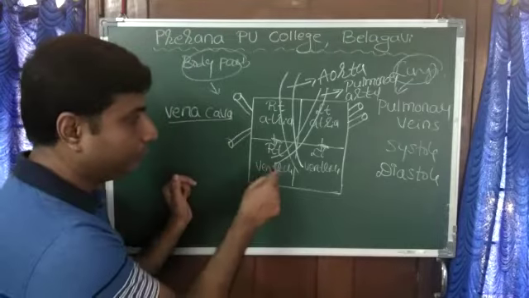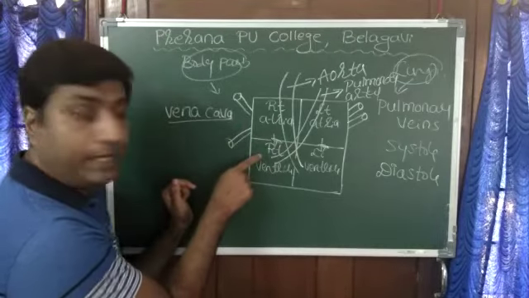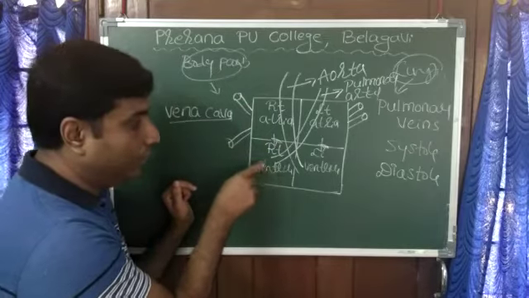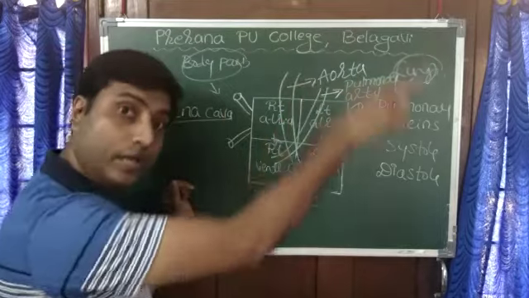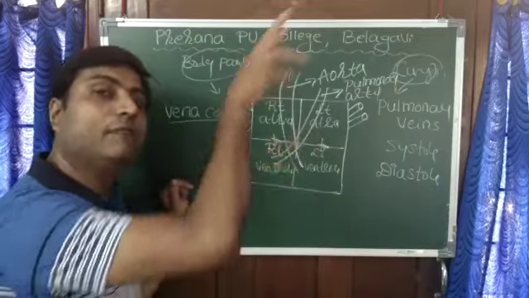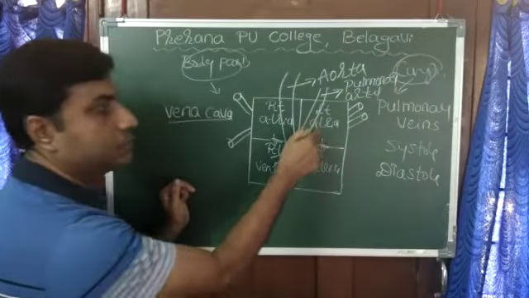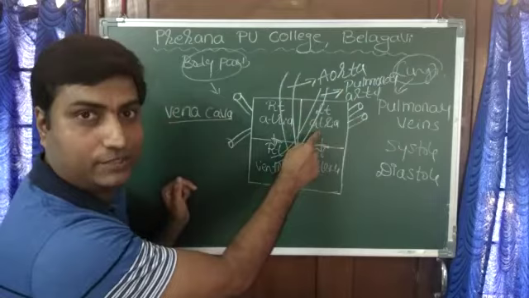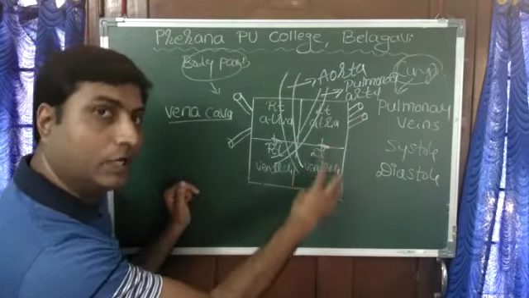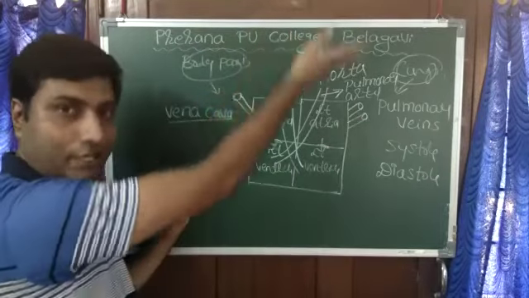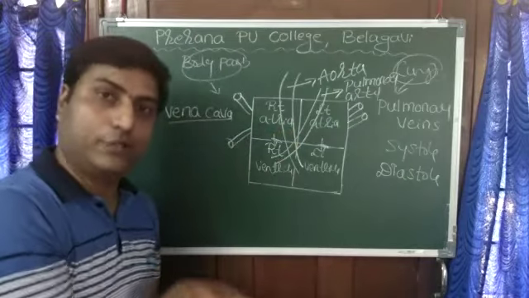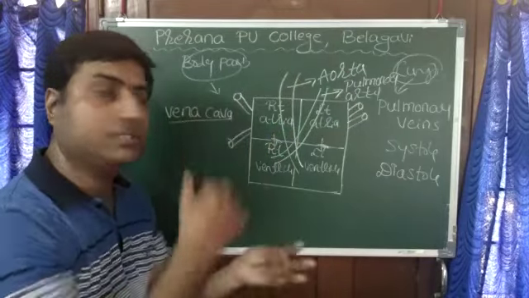I am starting from the right ventricle: it contracts, deoxygenated blood goes through the pulmonary artery to the lungs, gets oxygenated, and oxygenated blood comes back through the pulmonary vein. This is pulmonary circulation. Second, the pure blood from the left ventricle goes to body parts, gets deoxygenated, and through the vena cava comes to the right atrium. This is systemic circulation.